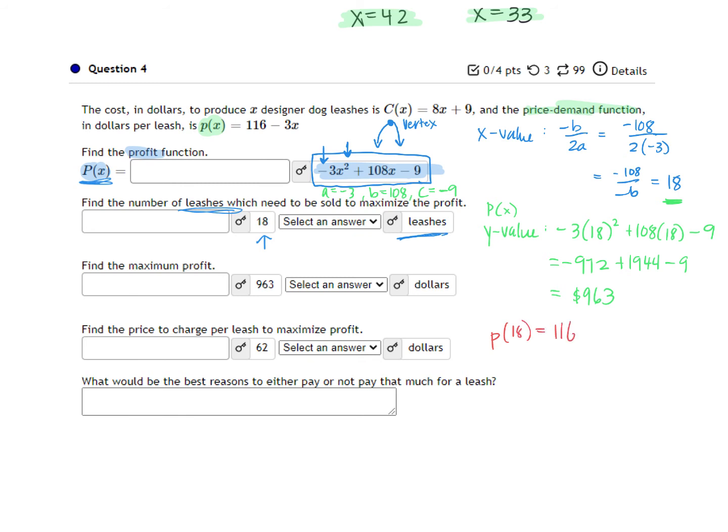It's going to be 116 minus 3 times 18. That's going to be 116 minus 54, and that's going to be 62. So $62 is what you should charge per leash to maximize profit.